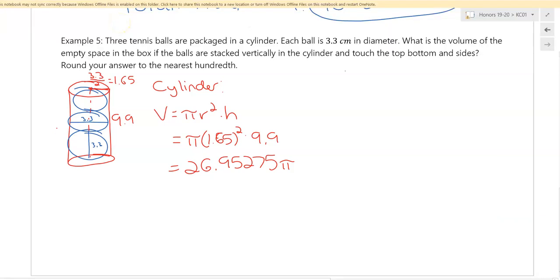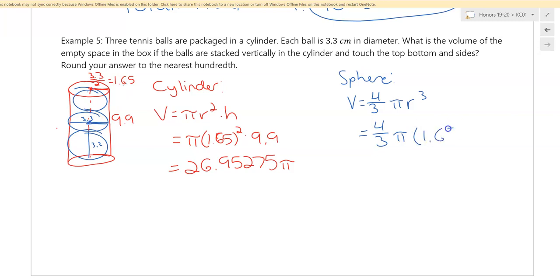Now we have to do the sphere, right? Because a ball is a sphere. And volume equals 4/3 pi r cubed. Well, that's 4/3 pi. And just like our cylinder had a radius of 1.65, half of this is also going to be that radius of 1.65.